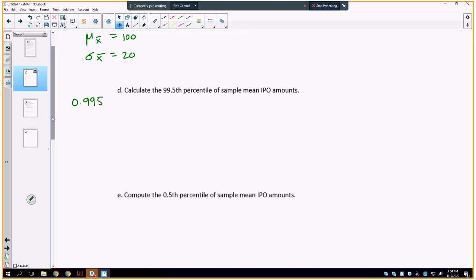So the question is saying I need to find the z-score that goes with 0.995 probability, and then I want to translate that into the x bar value, which is the mean IPO amount. So let's look in our table and see what corresponds to 0.995.